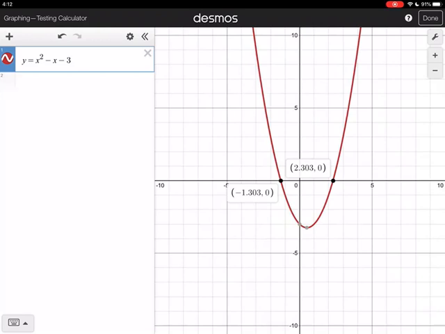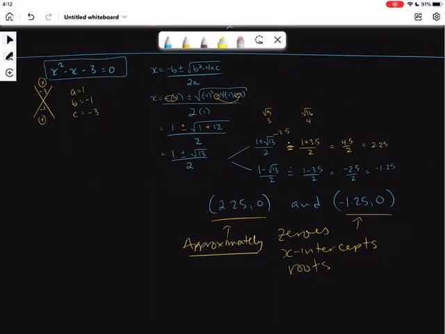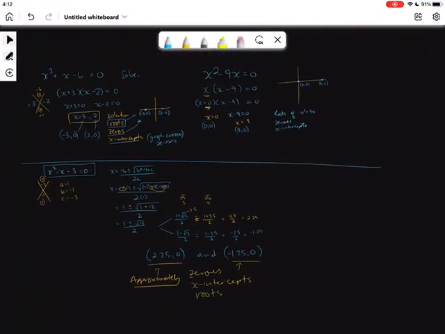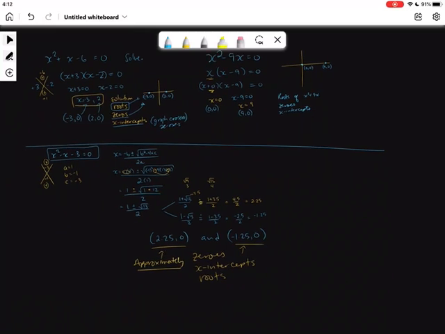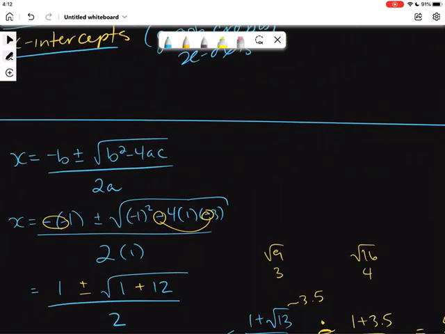The other thing I want to draw attention to before I let you go is the discriminant. Let's quickly talk about the discriminant before we move on. When I look at these three examples, you can see the discriminant in each one.